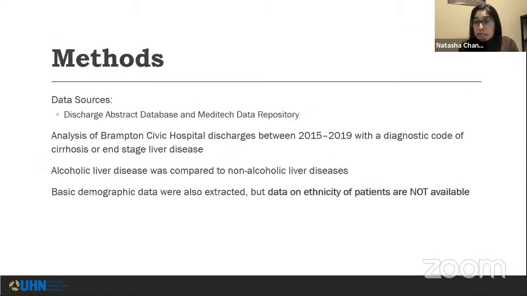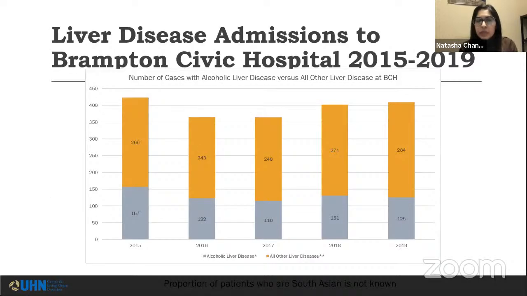I gathered some data from our hospital, Brampton Civic Hospital, just to give you a snapshot of what we're dealing with here in Brampton. I want to present this information to you just so you get a sense. This bar graph is showing you the number of admissions we have per year for patients with a primary diagnosis of liver failure.